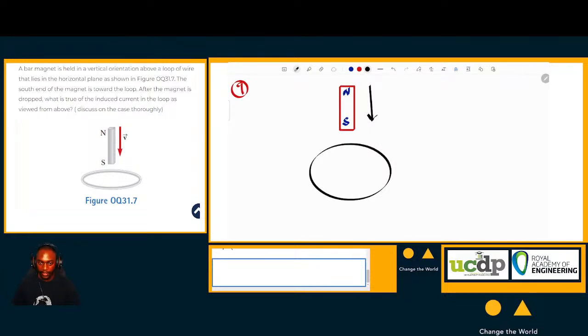Okay, so there we are. So this permanent magnet, it has got a magnetic field around it. That's obvious. So as the magnet is moving or falling towards the circular loop, we should ask ourselves what is happening to the magnetic flux in the loop. Is it going to be increasing or decreasing?